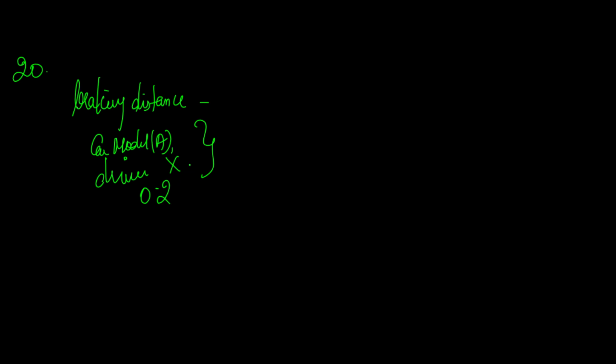So speed is 54 km per hour. Let's convert that 54 kmph by multiplying by 5 by 18 into meter per second. 54 into 5 divided by 18 is 15 meter per second.